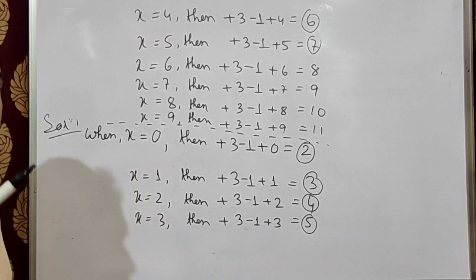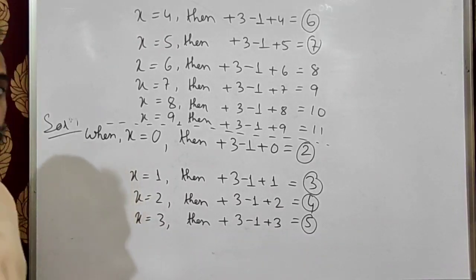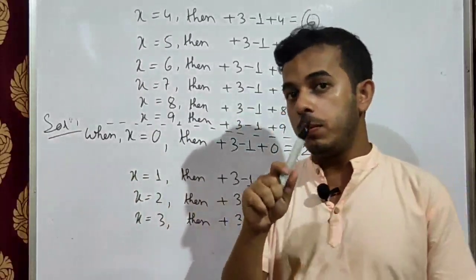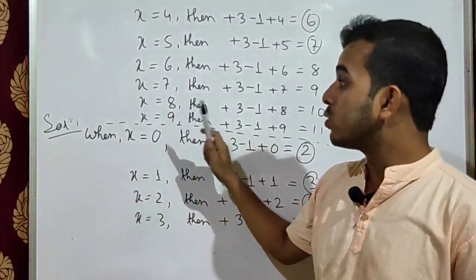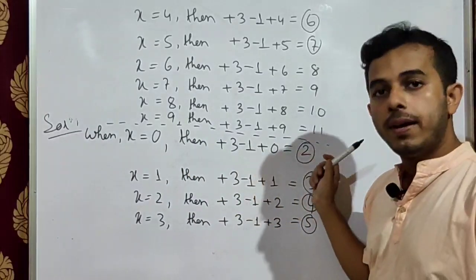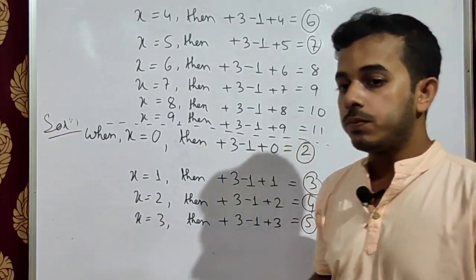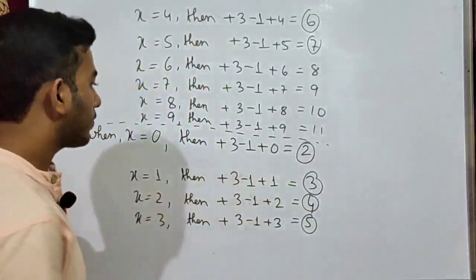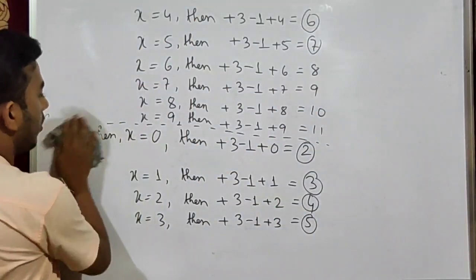Okay, now at which value of x do we find the result 11? When we put the value of x as 9. So when the value of x is 9, then the number is divisible by 11. So we will write, therefore the value of x is 9. Up to this clear? Okay.